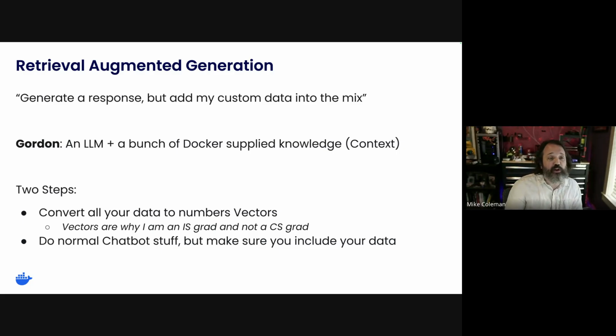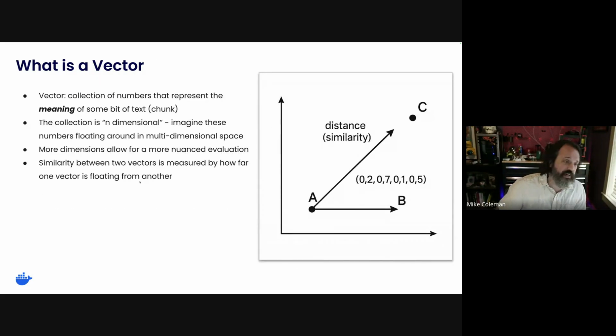So when you build a retrieval augmented generation app, which is what we're going to look at today, you just do normal chatbot stuff, but you have to put your data in the mix, right? So let's go ahead and take a look at what vectors are. Vectors are a collection of numbers. If you are a software engineer or somebody who programs, you're probably familiar with the idea of arrays, right?